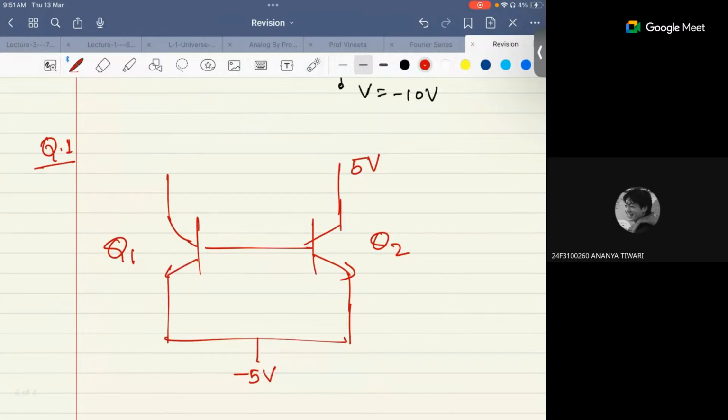So the transistors Q1 and Q2, for both the cases beta is very high, and VBE for both the cases is 0.7 volt.